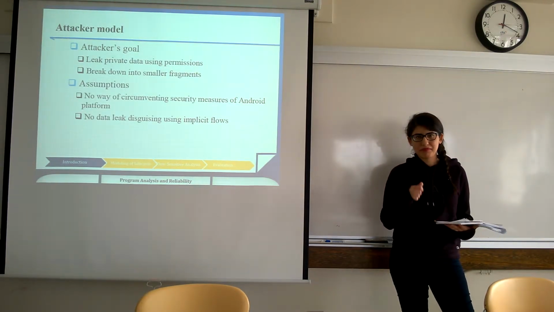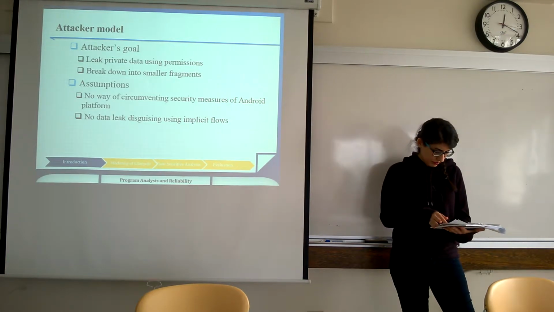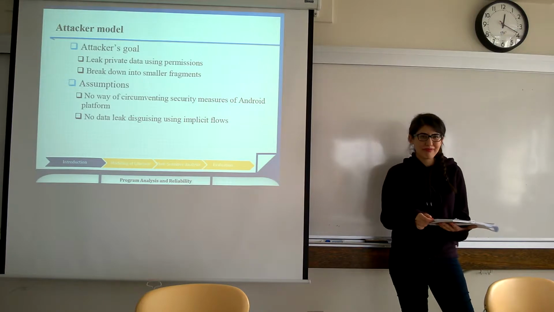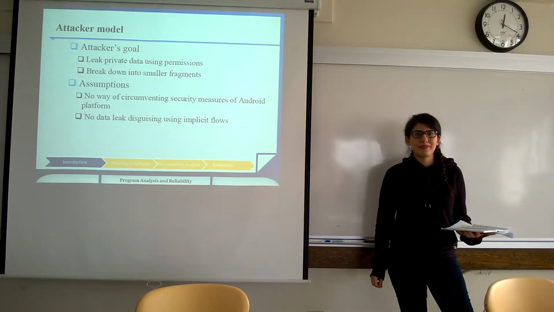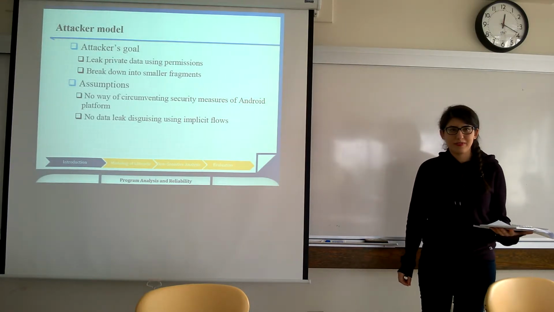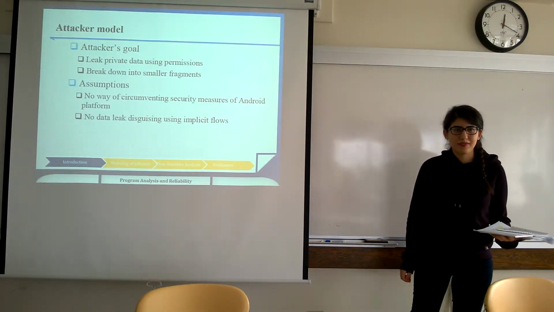It's related to slicing, but we're looking at the data flow in slicing. We're looking at the data dependence graph, and at paths through the data dependence graph. What might implicit flows be?